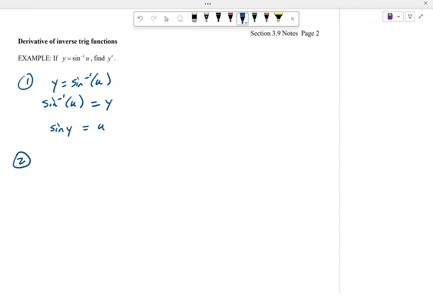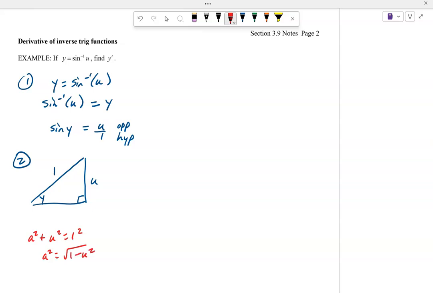If we do that same approach, I draw my triangle with y as my angle, and sine of y is u over 1. My opposite side would be u, my hypotenuse would be 1. I solve for the other side: a squared plus u squared equals 1 squared. So a equals the square root of 1 minus u squared, and I'll put that in right here.